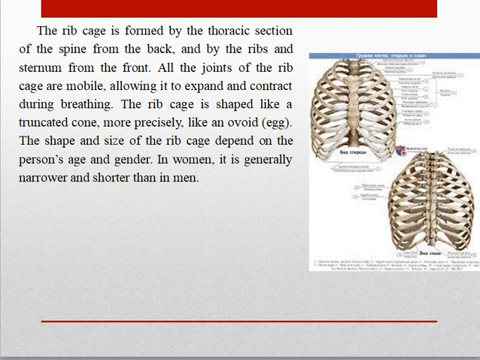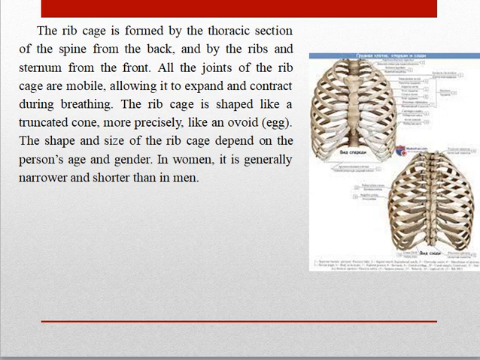The rib cage is formed by the thoracic section of the spine from the back and by the ribs and sternum from the front. All the joints of the rib cage are mobile, allowing it to expand and contract during breathing.